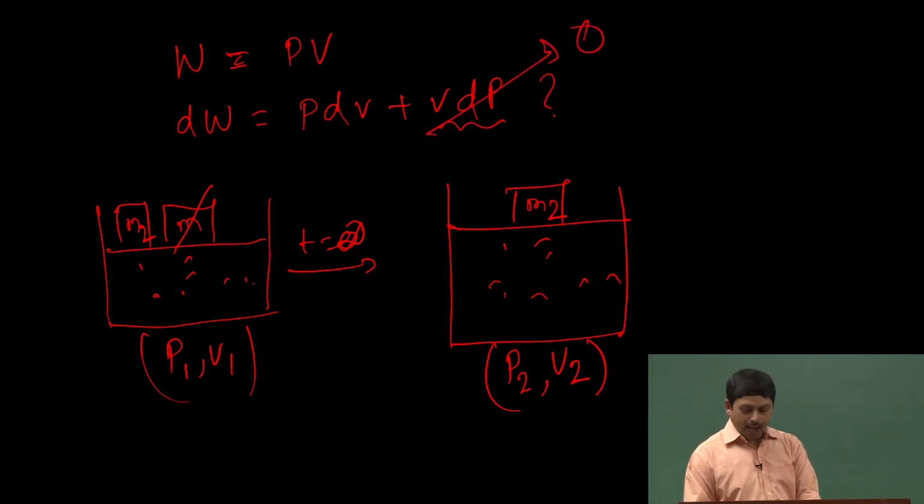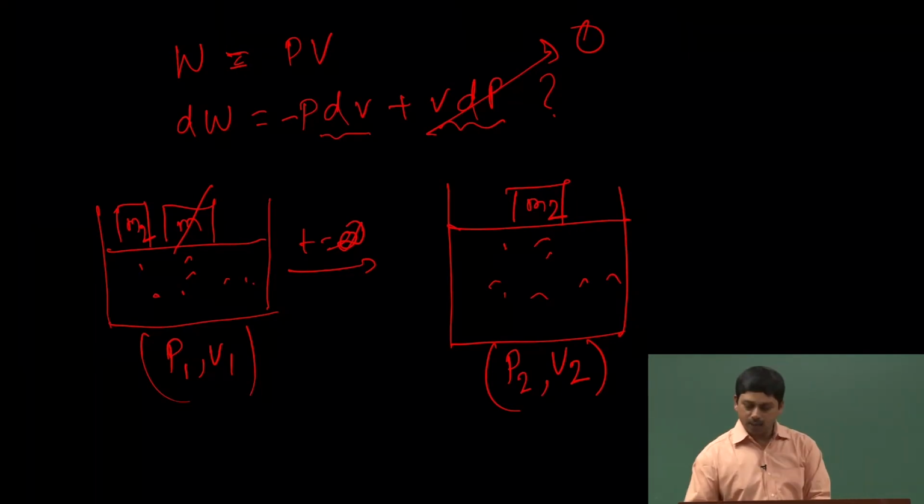Since we are always talking about work done against the external pressure, we have this minus PdV, because if the volume increases, dV is a positive quantity, then work done on the system will be negative, and expansion is a negative one. If volume decreases, dV will be negative, and the negative becomes positive, so compression will give you a positive work done. So the formula for work done is minus PdV.